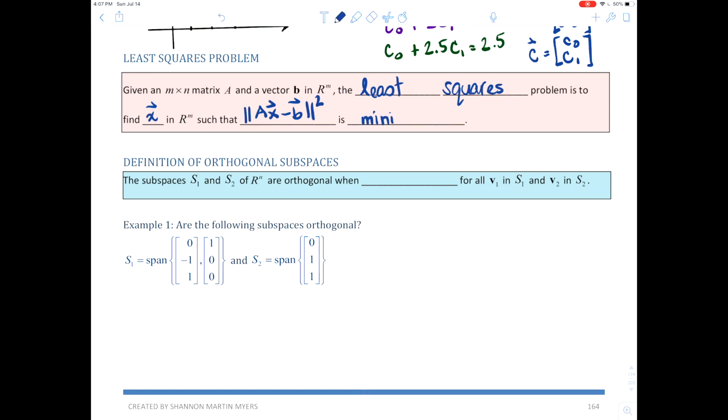That's why they call it the least squares problem. All right? In order to move on to that, we have to look at a few different ideas.